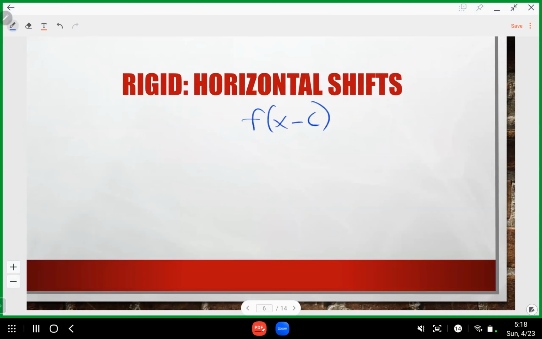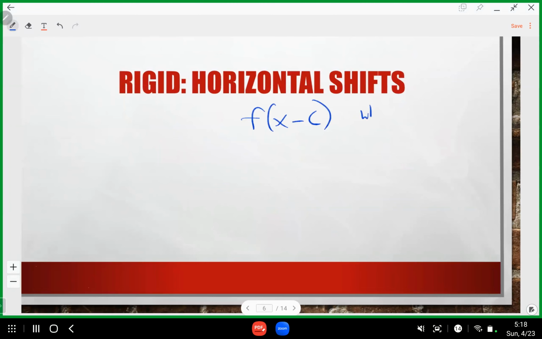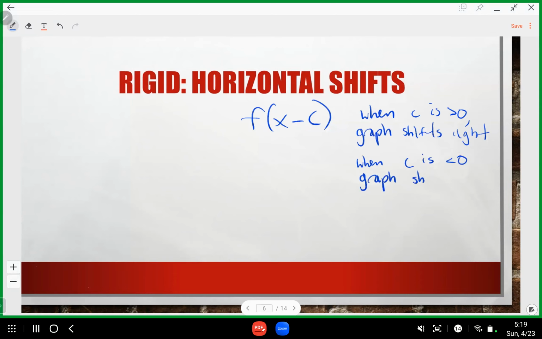This is very important because when you're subtracting c, the graph shifts right. And when c is negative, so instead you're adding a number, the graph shifts left.